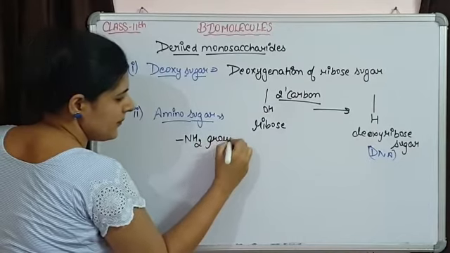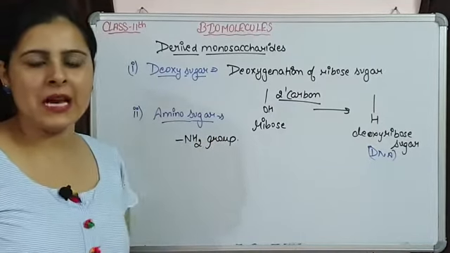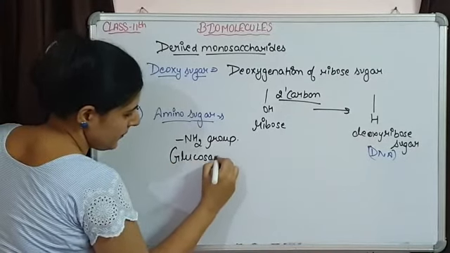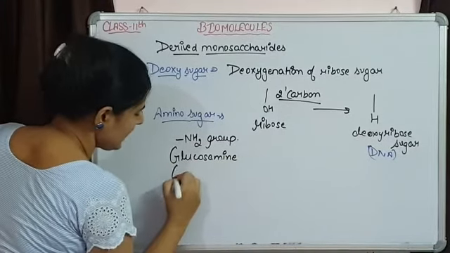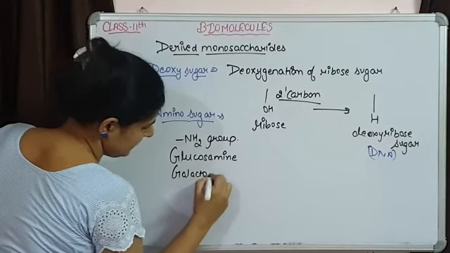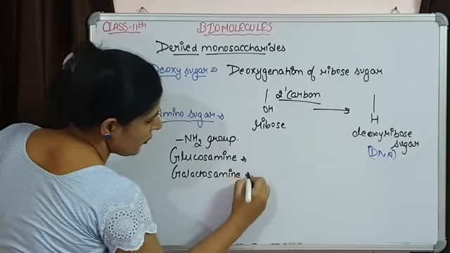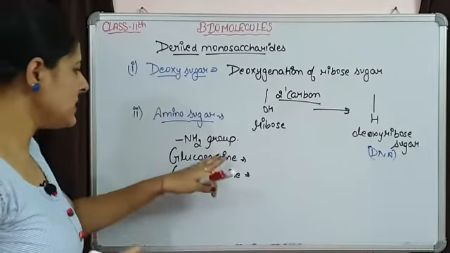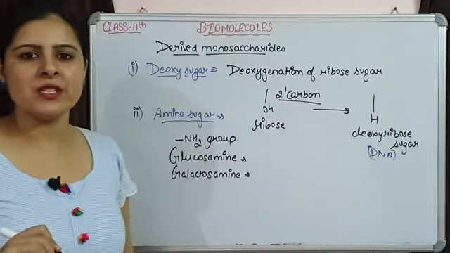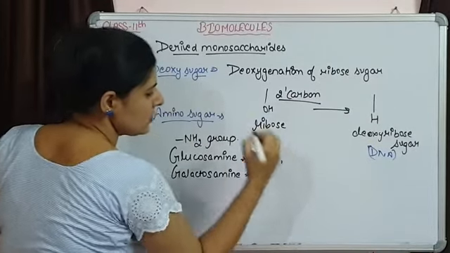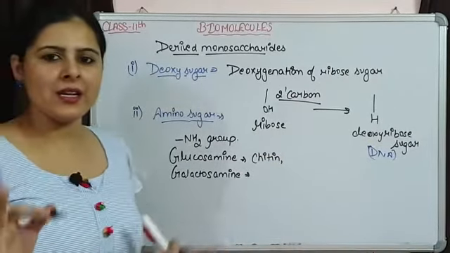Some of the examples are glucosamine, galactosamine, which are formed because of the attachment of an amino group, and these are responsible for forming some structures like chitin. We know chitin is present in the fungal cell wall.